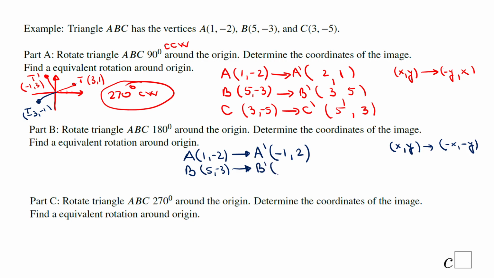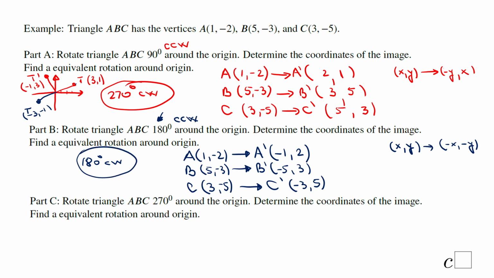B prime, which is going to be -5 and +3, and C, which is 3 and -5, becomes C prime, which is going to be -3 and +5. And let's go to the last one. Oh, one more thing. This rotation is equivalent to 180 degree clockwise, and again this one means counterclockwise.